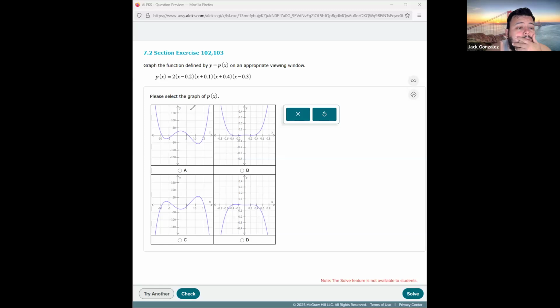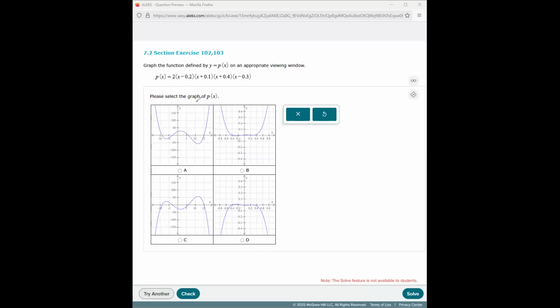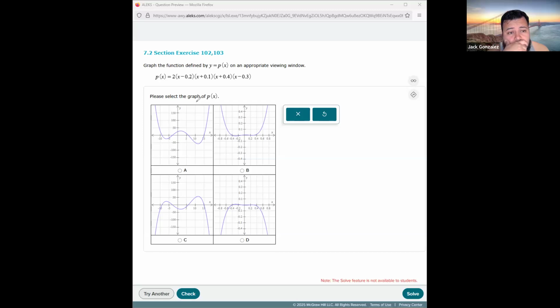Well, first of all, what is the degree of this whole thing, and is it positive or negative? You can use end behavior to cross two answers out of the way. The outside is a 2, so it's positive.